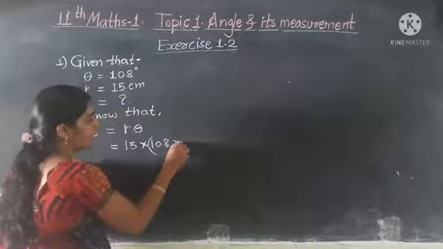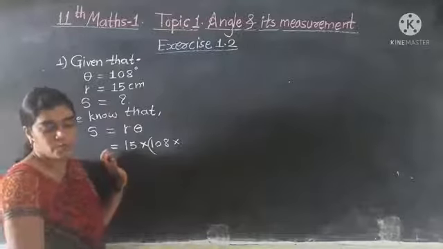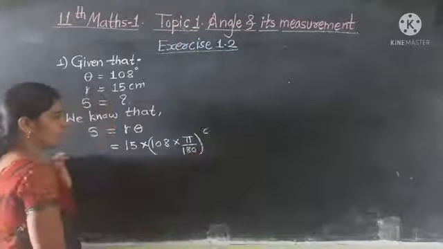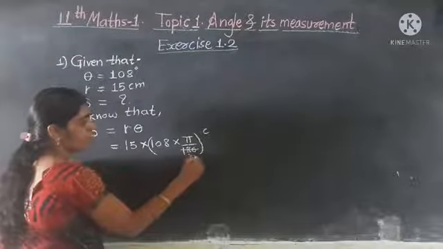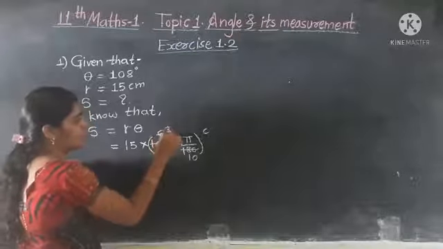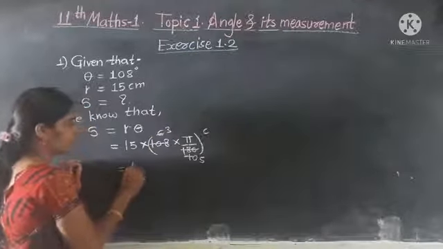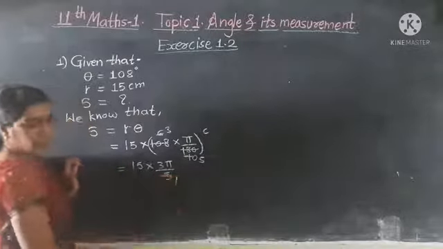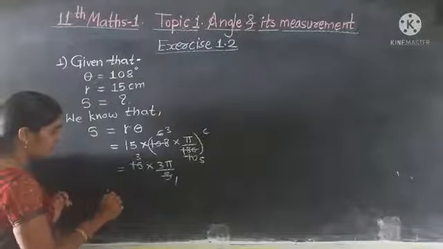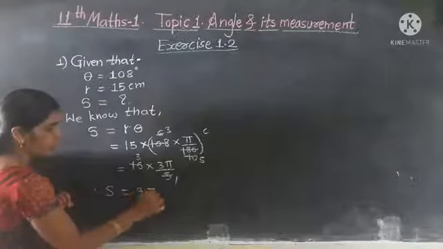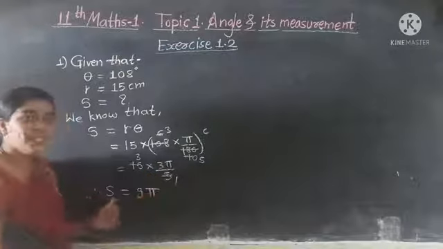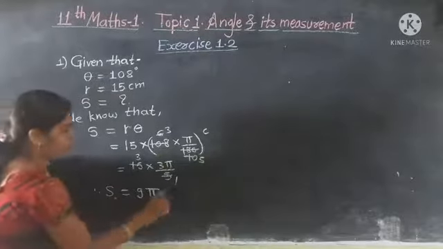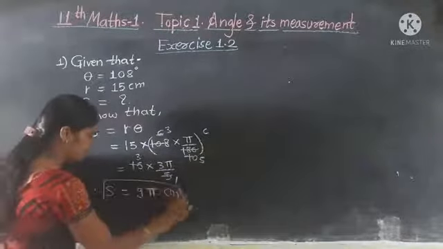So 108 we write as into pi upon 180 radian. 18 1 is 18, 18 6 are 108, 18 10 are 180, so we get 3 pi by 5. So we get here 15 into 3 pi by 5. 5 3 is 15, so we get S is equal to 9 pi. What is the S here? S means arc length of the sector, which is in centimeter.